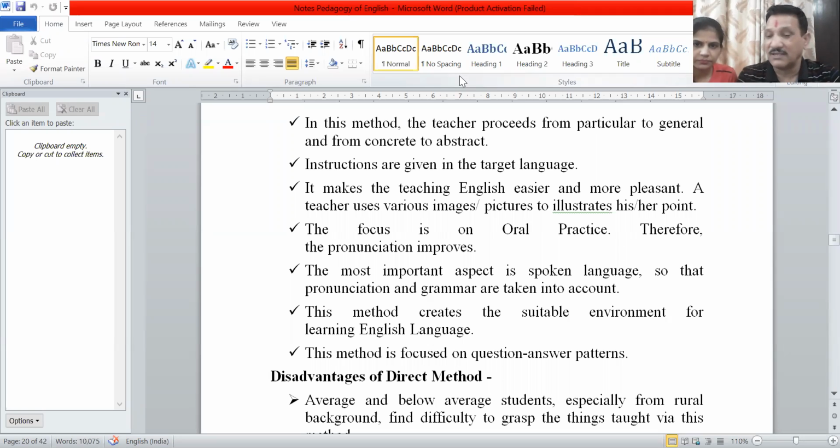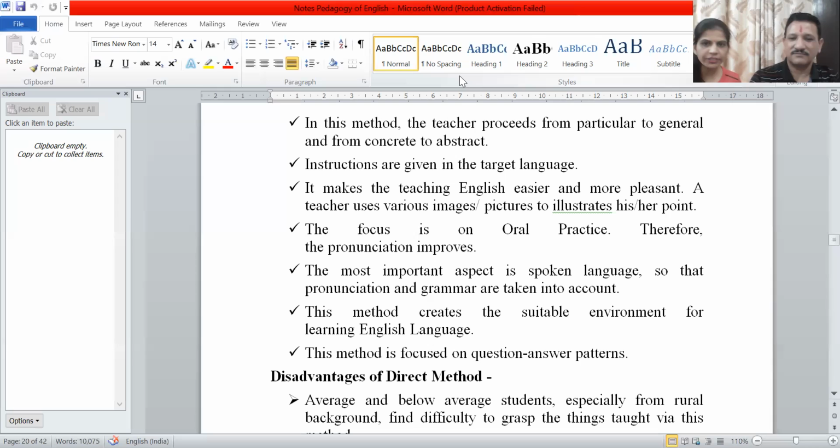But where the direct method is used, the pronunciation is very good. If you get the time to listen to how words are pronounced, then listen to a speech of Barack Obama. Good pronunciation. The focus is on oral practice, therefore the pronunciation improves.